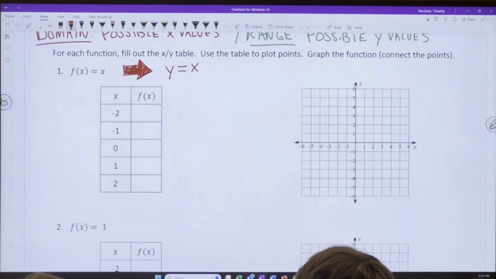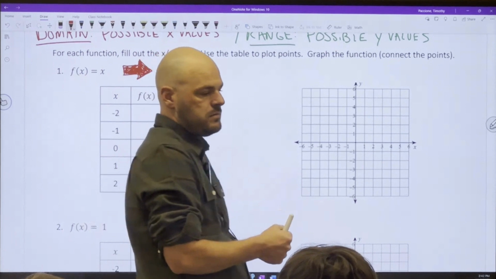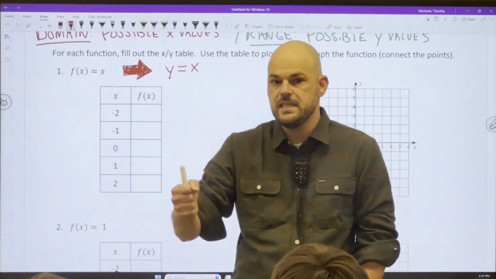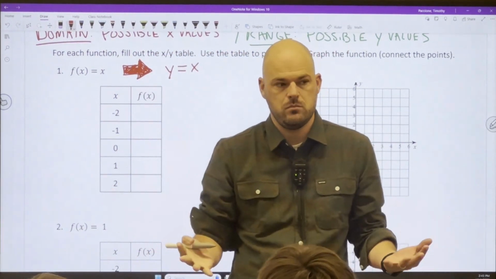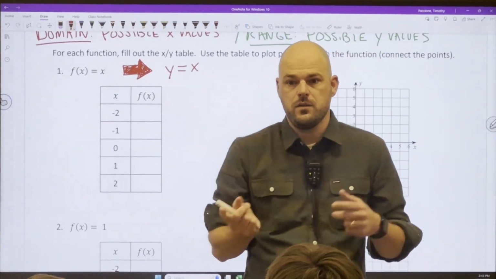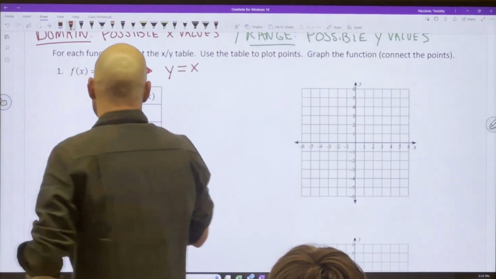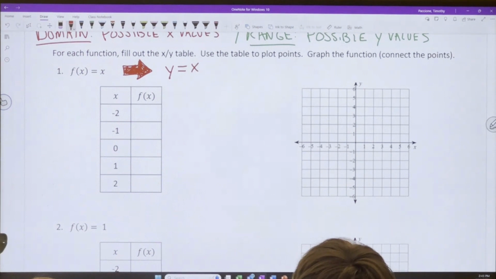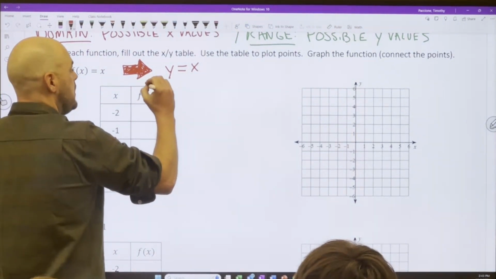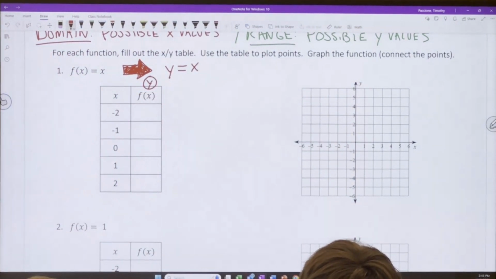Now y equals x, think about what that's saying. Y equals x. Y is x, right? They are the same. If you know one, you know the other, right? Pretty simple. So that means if x is -2, then, and by the way, this is y, if x is -2, then f of x is -2, right?